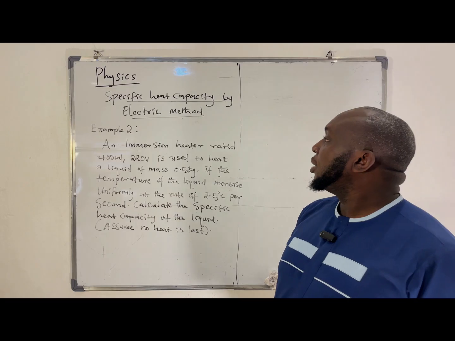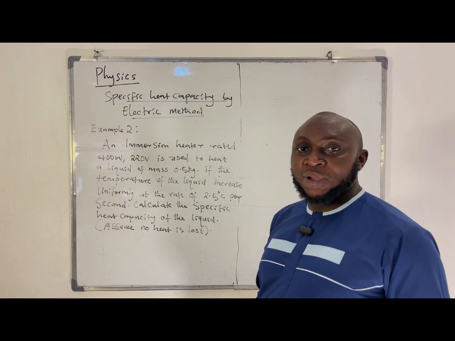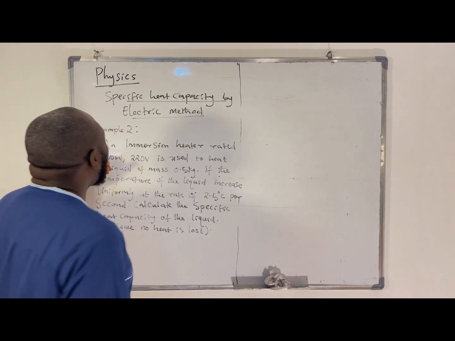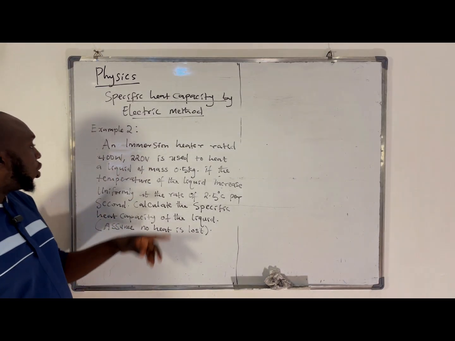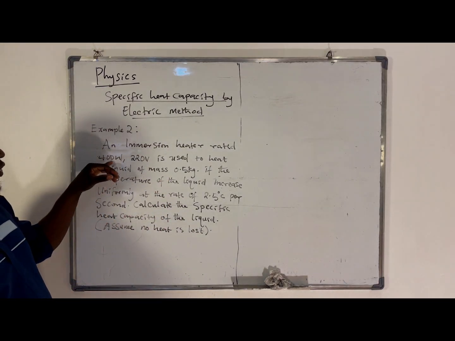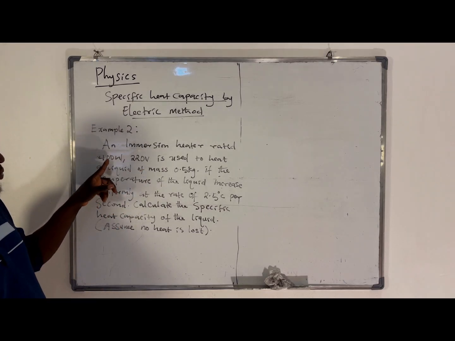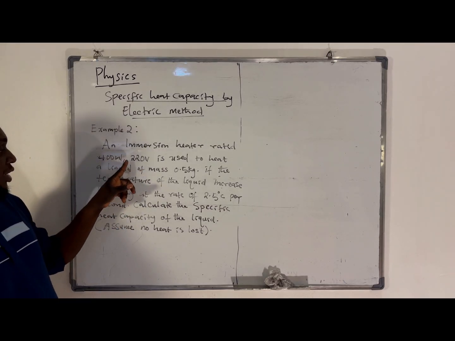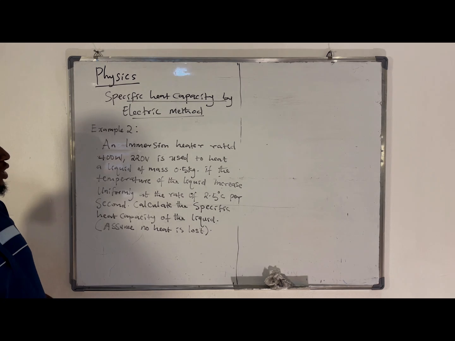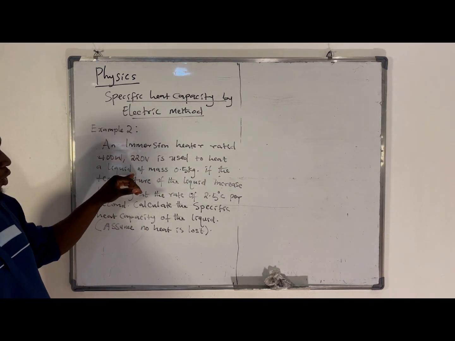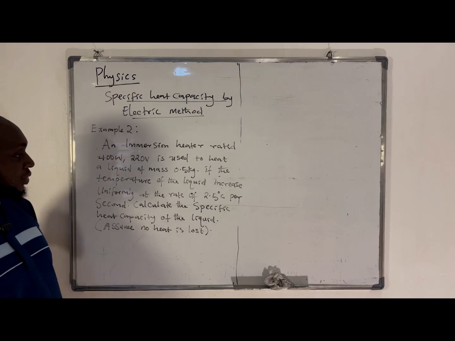Example 2, on specific heat capacity by electric method. We have this question here. An immersion heater rated 400 watt, 220 volt. That means that the power is 400 watt, the potential difference is 220 volt. It is used to heat a liquid of mass 0.5 kg.